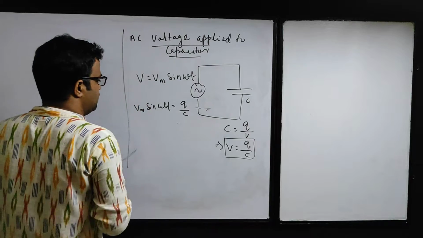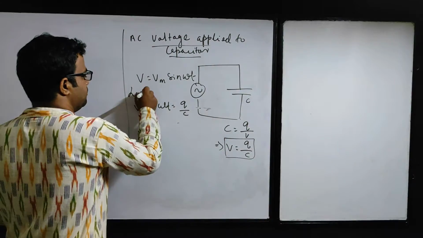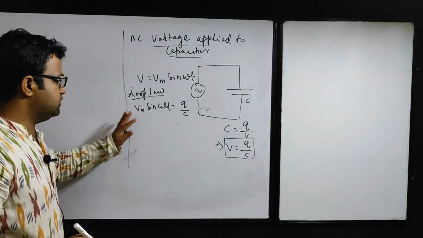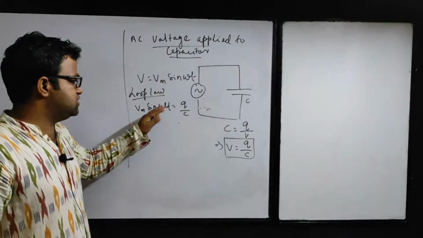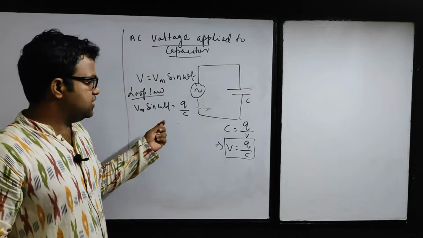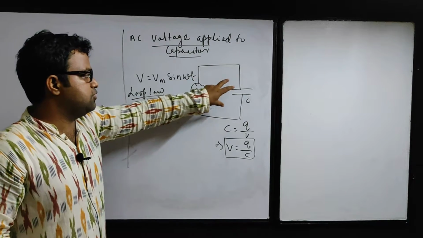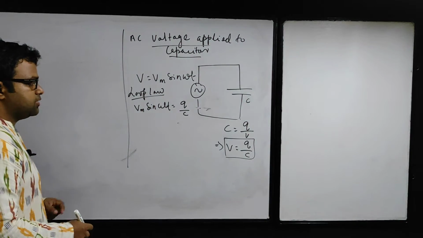This is from Kirchhoff's loop law: the changes around a circuit is 0, or you can say the source voltage equals the voltage developed across the capacitor.